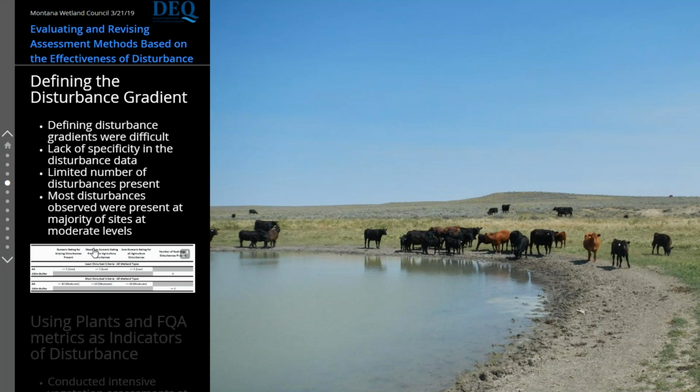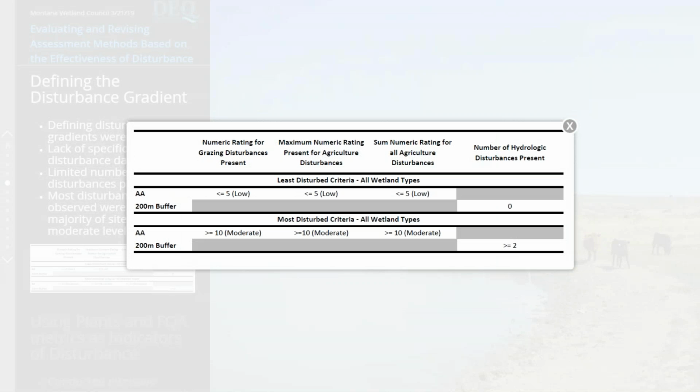So what we did end up finally doing is that we were able to set disturbance gradients, but our tolerances are really fine. You'll notice that in the buffer, down here in the gray, we essentially could not use any disturbances in the buffer besides hydrologic modifications to help us develop that disturbance gradient.